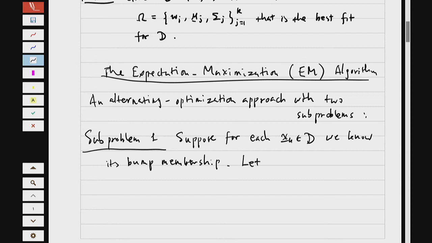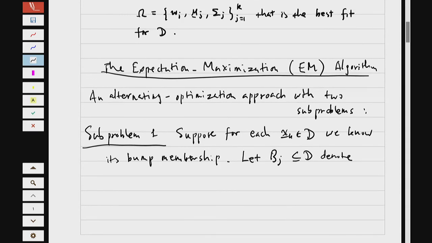In that case, we can define B of j, which is a subset of the dataset, the set of all points that belong to bump j. Let this denote the set of points sampled from this bump, the j-th bump, with parameters mu j, sigma j.